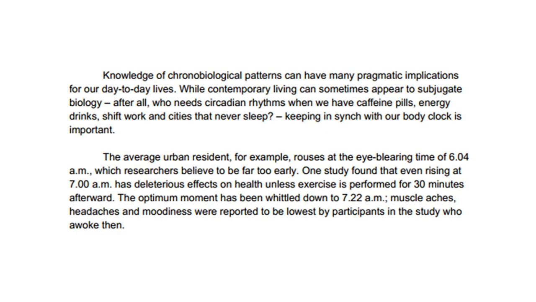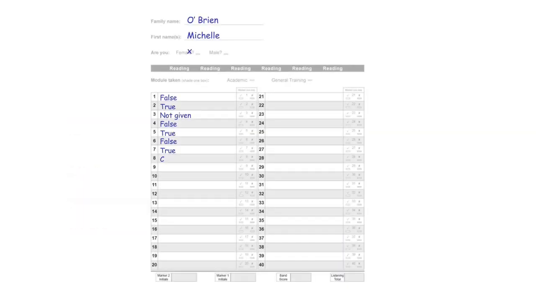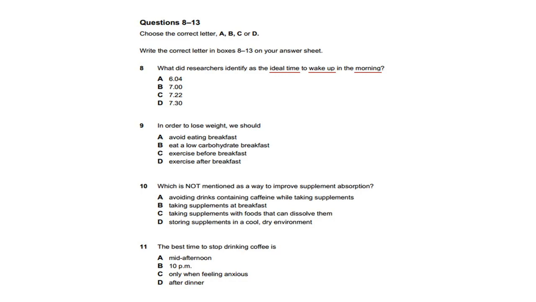The optimum moment has been whittled down to 7:22 a.m. Muscle aches, headaches, and moodiness were reported to be lowest by participants in the study who awoke then. We can see from the text that the ideal time to wake up in the morning identified by researchers is 7:22 a.m. So the answer is C. On your answer sheet, you should write the letter C for the 8th answer, then return to the question paper.